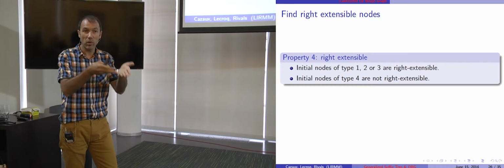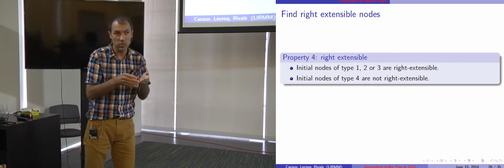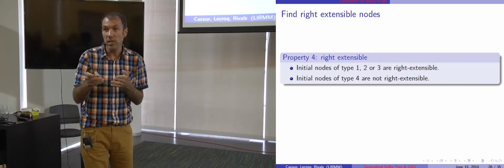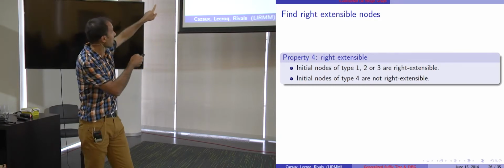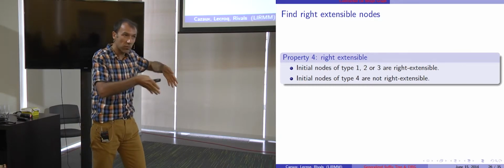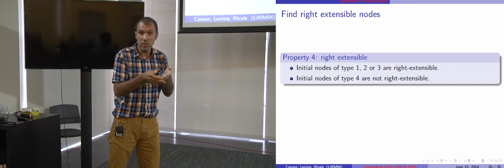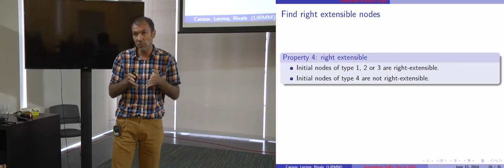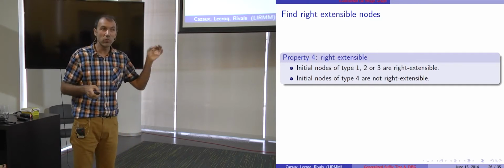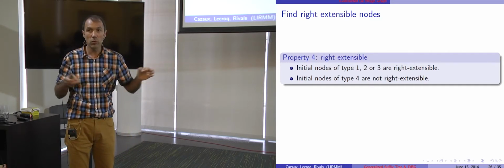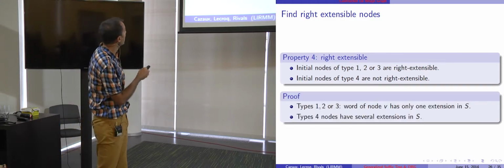Therefore, you only have 1 extension, and if you have 1 extension, you have only 1 outgoing edge, and therefore you're right extensible. The last case, type 4, you have several children and therefore several extensions. And if you have several extensions, you have several edges going out, and therefore you're not right extensible. So if you know the type of edge, you know if you're right extensible or not.